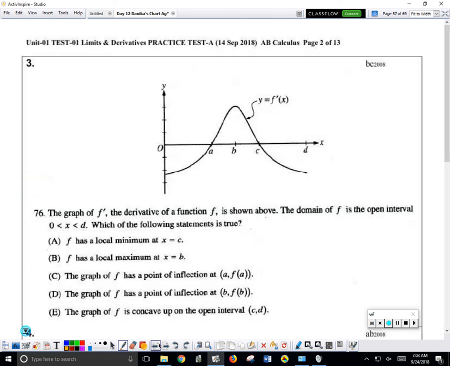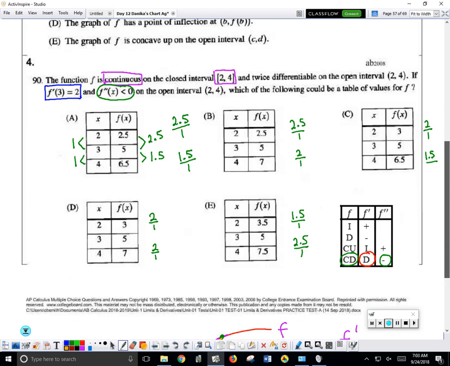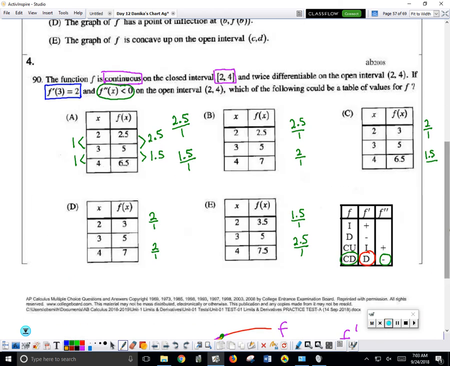And then as Ashley said, that is not happening with D. The secant slopes are not decreasing, so D cannot be the answer. And E appears to be concave up based on the data we have, so that doesn't work either.